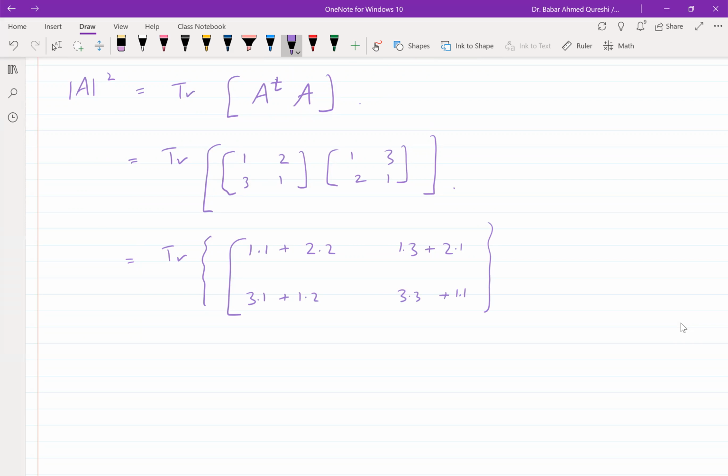So when I take the trace, it's just 1 square plus 2 square plus 3 square plus 1 square. So it's just the square of each entry.